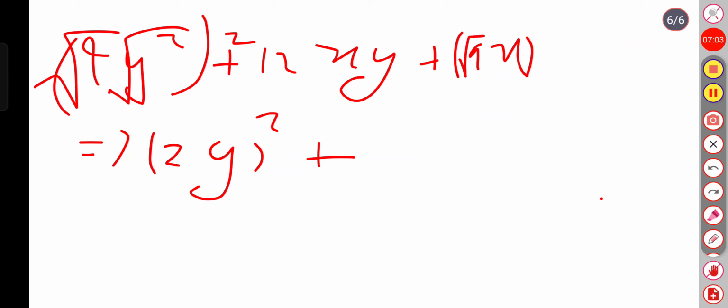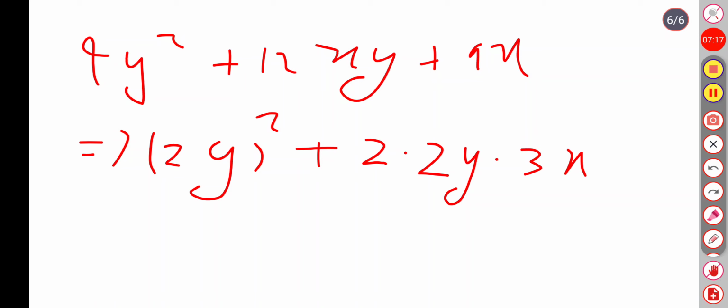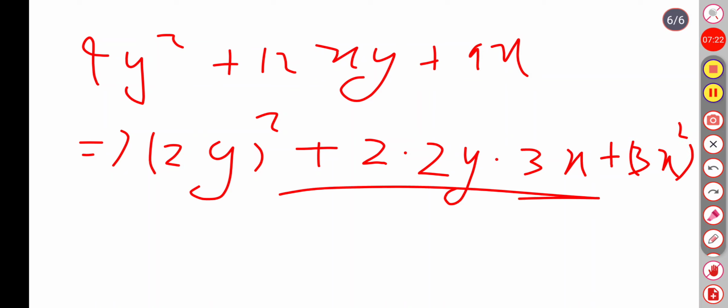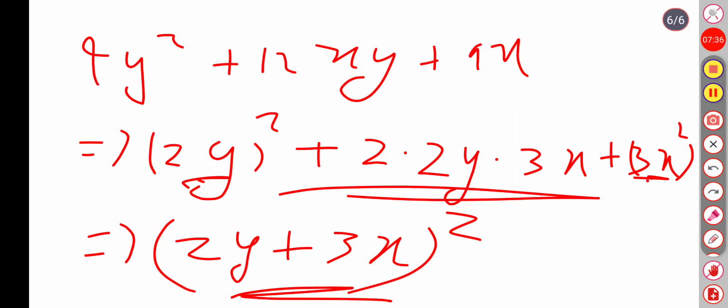Then 2y the whole square plus 2 into 2y into 3x plus 3x the whole square, and we know that this is a plus b the whole square, where 2y is a and 3x is b. So this is the factorized form, 2y plus 3x the whole square. So this is how you factorize using identity number 1, a plus b the whole square.